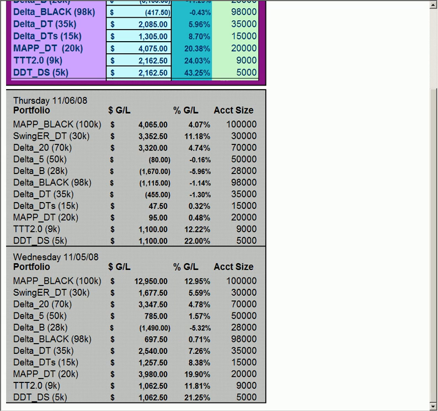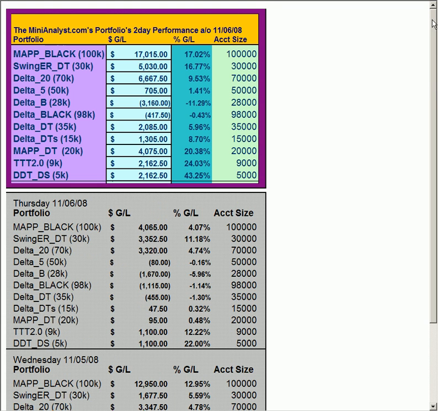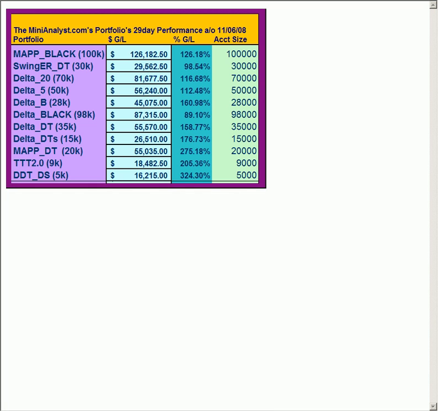Actually, it was. So if you look at the 2-day returns in total, 17% for the MAP Black and Swinger DT, which the MAP Black continues to just outperform in terms of apples to apples, ceteris paribus, given the diversification to match itself with a $30,000 aggressive portfolio in the Swinger DT is just very impressive. But the Dual Day Trader on the other side of the spectrum continues to outperform, and over time leads the pack.